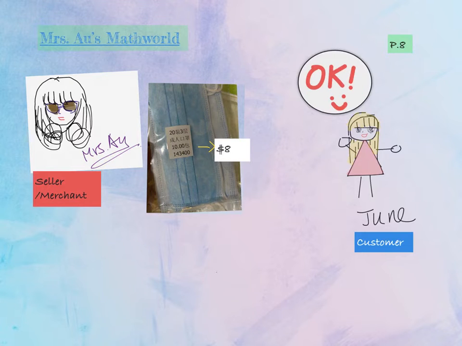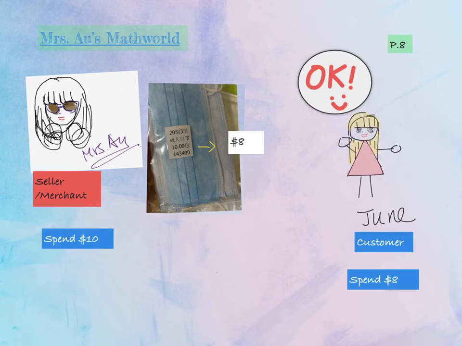Then as a customer, June is going to buy it for $8. That means Mrs. L spent $10 to buy it, but then June bought it at $8. So that means Mrs. L got $8 at last. Well, it looks stupid, but sometimes it may happen. So that means she doesn't get any profit. I mean for Mrs. L, she doesn't have profit.